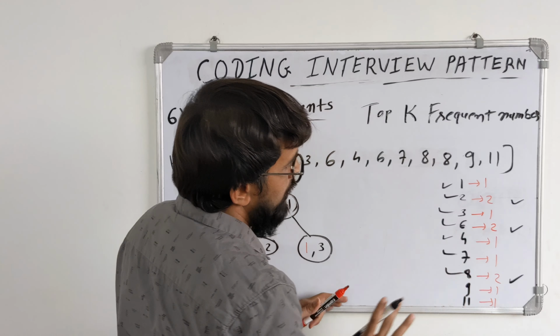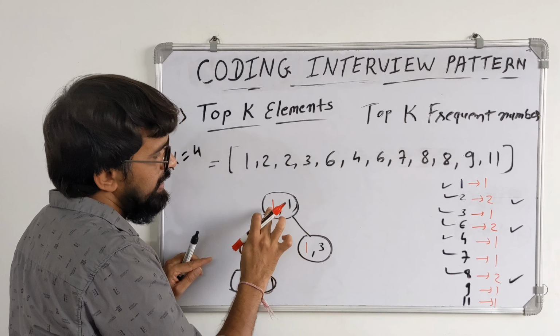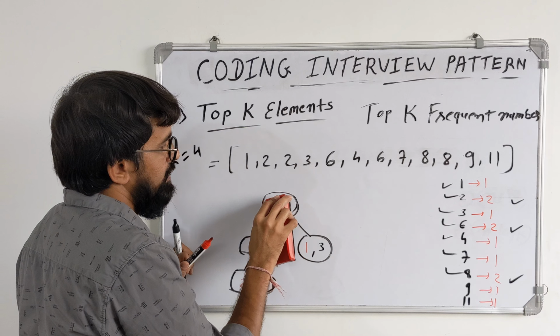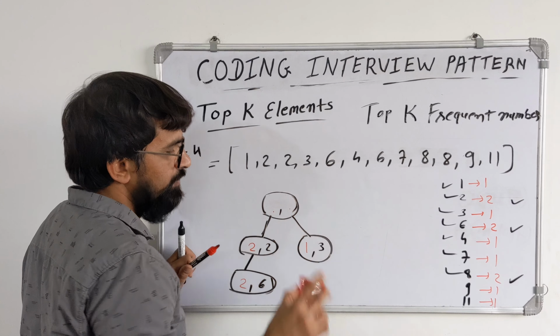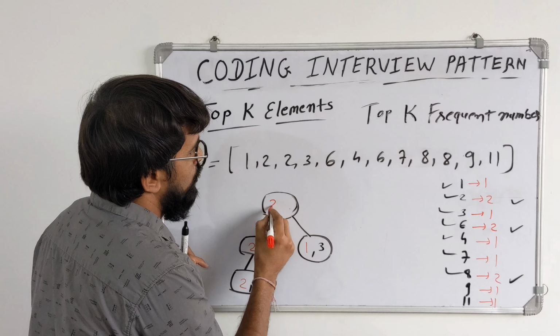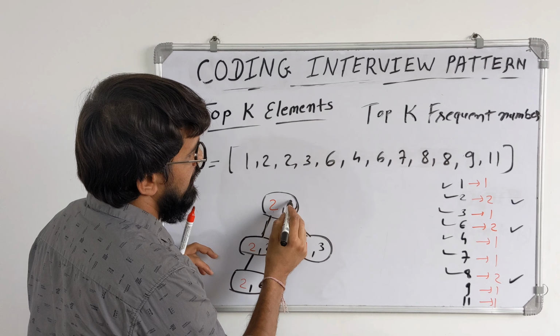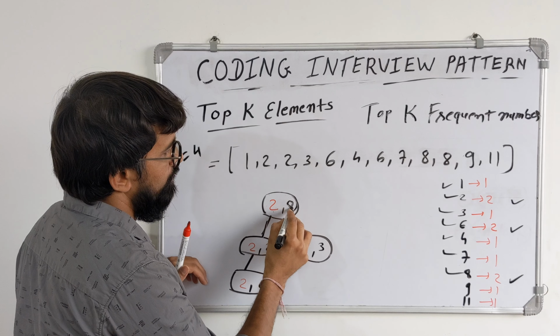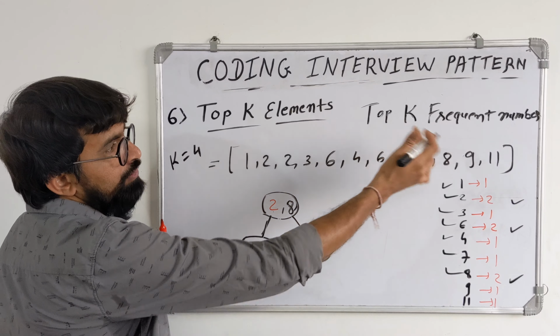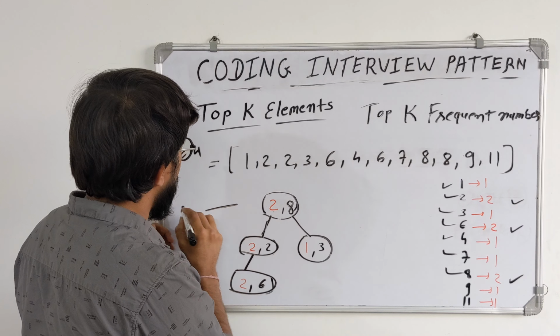Check this 2 and 8. This 2 is greater than this one, so I can eliminate this one. I have to kick out this one and I have to insert the new number, which is 2 and the number is 8. Now it is violating this one because I have to rearrange this one. I have to maintain that this is the minimum heap.